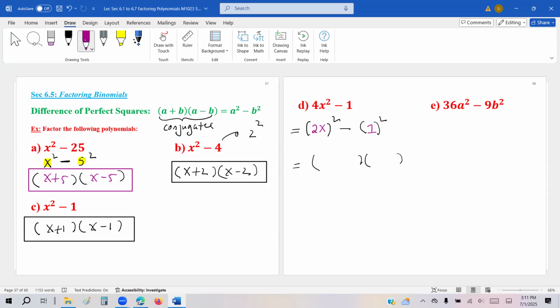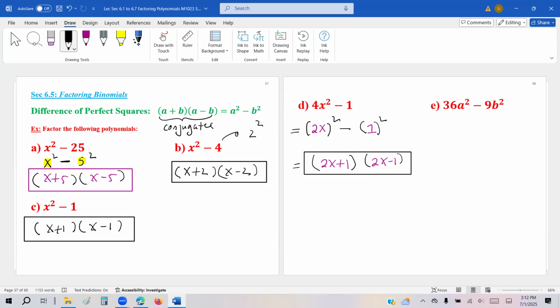So what are the two factors we have? 2x plus 1, 2x minus 1. The factors are their addition and subtraction, their sum and difference.